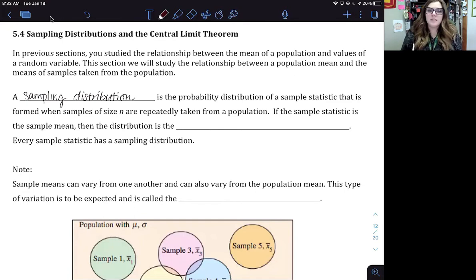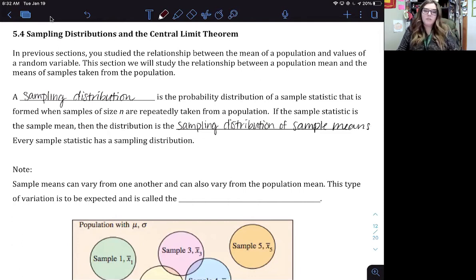If the sample statistic is the sample mean, then the distribution is the sampling distribution of sample means. Okay, so every sample statistic has some sort of sampling distribution.